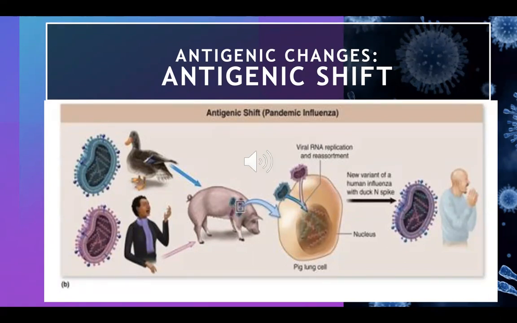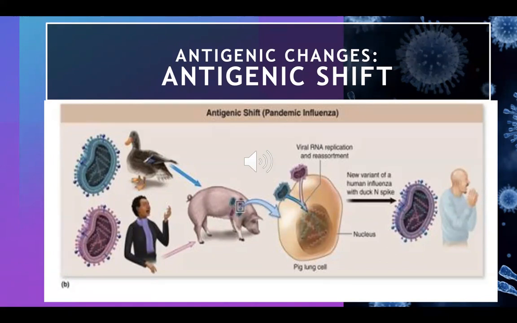It can enter another species, like in this illustration, it's a pig. So, iba rin ang HA and NA ni duck, iba rin ang HA and NA ni pig. So that when the virus from the duck enters the pig, it will undergo reassortment, creating a new strain once it comes out of the pig.